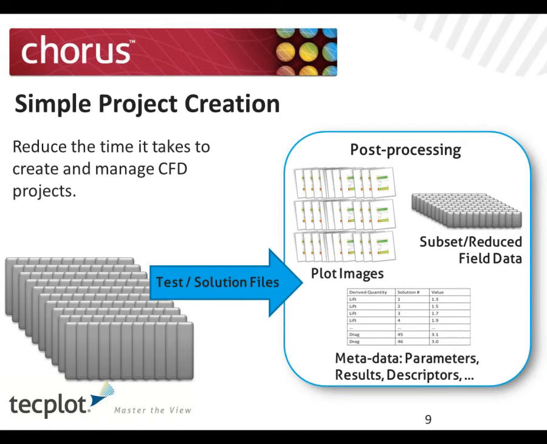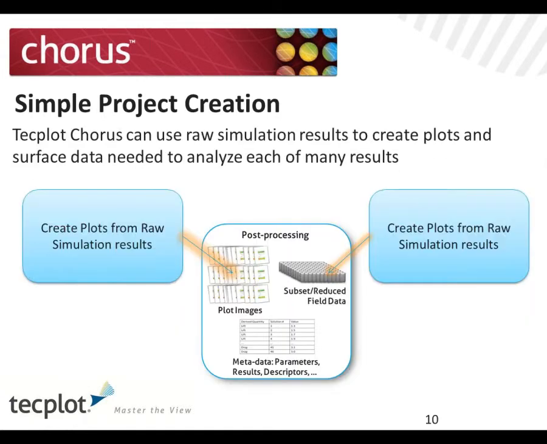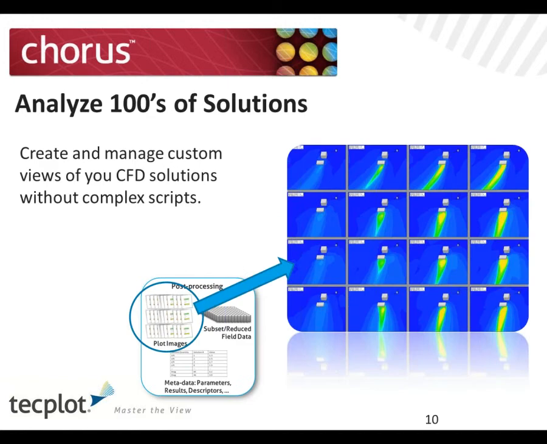So we're going to walk through an example of this, and we're going to show that you can start with just an aggregate of data. We're going to walk through 2 use cases that will help illustrate how easy it is to start at a reasonable start point, being just the raw solution files, and to create a series of reduced subset field data and some plots that we can do both qualitative and quantitative analysis of.